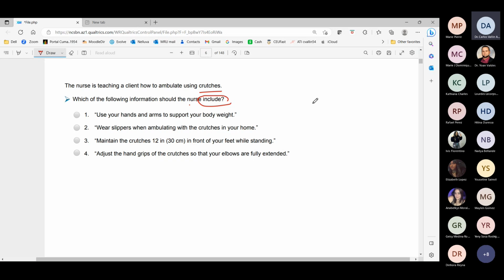Remember very briefly that crutches are used when there is a problem in one leg or two legs that cannot support the weight. In that case, what the leg cannot do is helped by the upper extremities, which help support the weight.